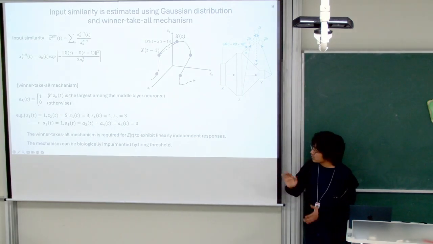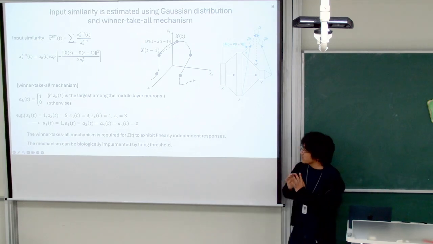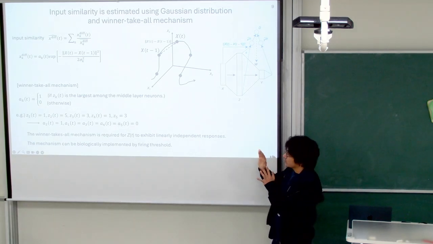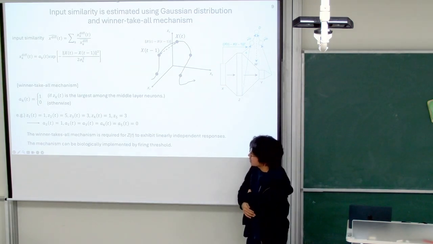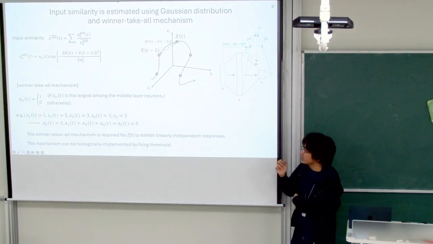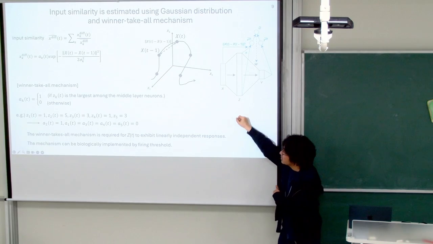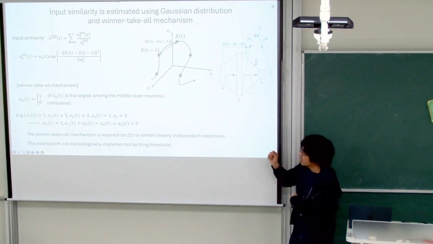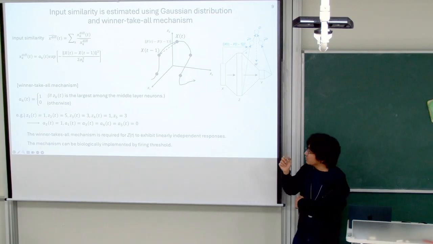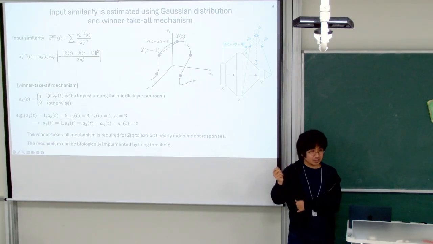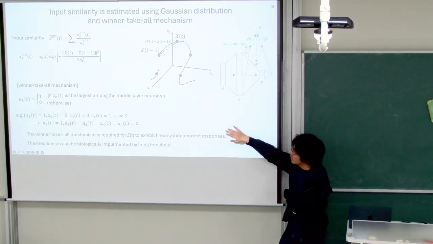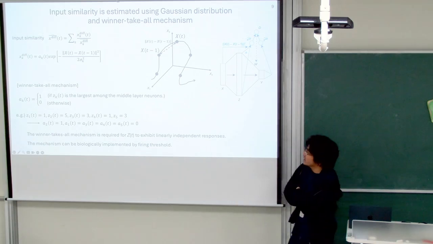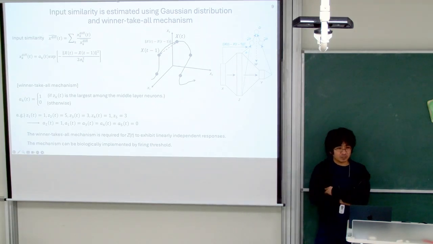The reason they introduced this mechanism is that winner-take-all is required for the middle layer to exhibit linearly independent responses. To do so, they introduced the mechanism.